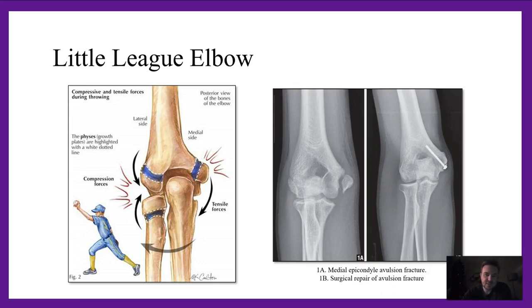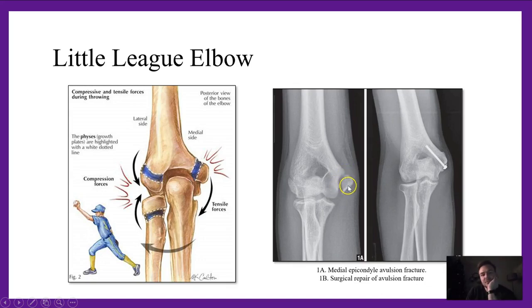If you see the growth plates of the elbow here, which is why I want to use this picture, but also because of the tensile and compressive forces shown here. If you injure this bad enough, you can sustain what's called an avulsion fracture of the medial epicondyle. And so that growth plate will fracture. It's called a Salter-Harris fracture.